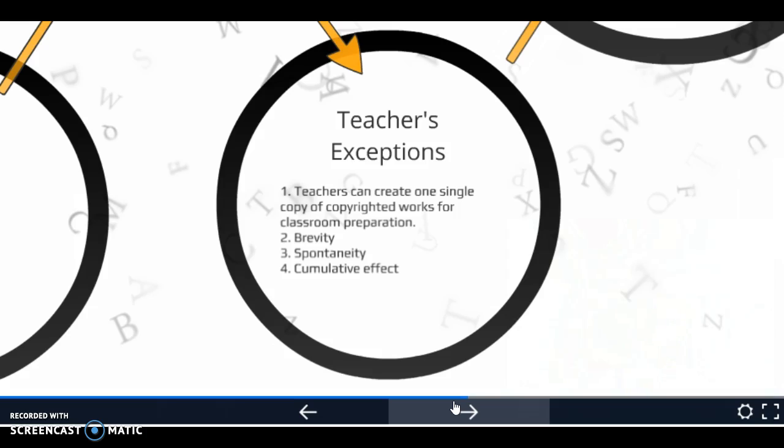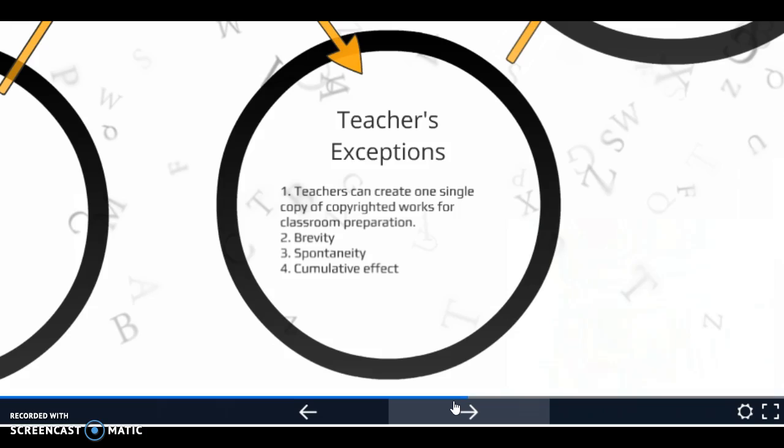Was that spontaneous? Did I have time to ask for permission? Did I have time to go see if I was violating laws? No. And again, was the substantiality feasible? Was it doable? Was it okay to use what I used, or did I get a little bit too far out there?